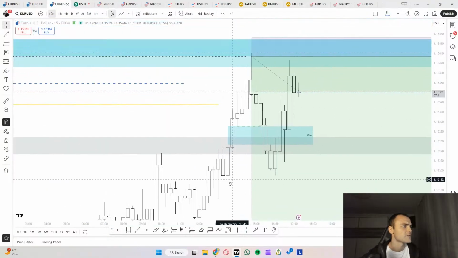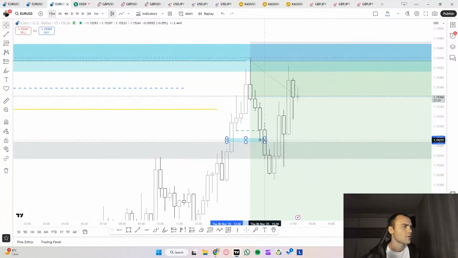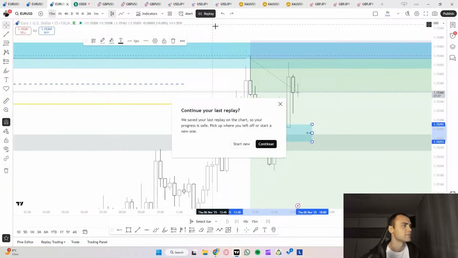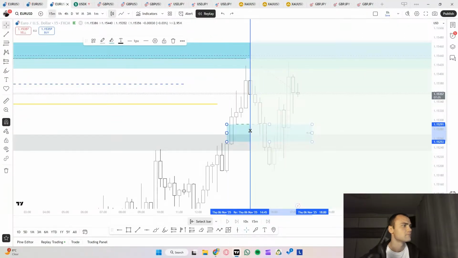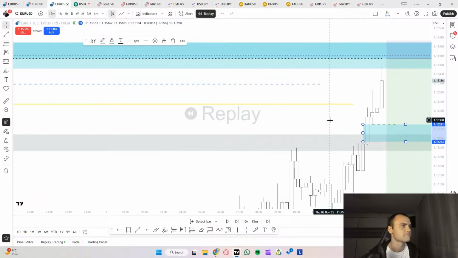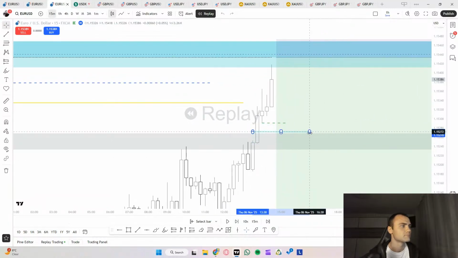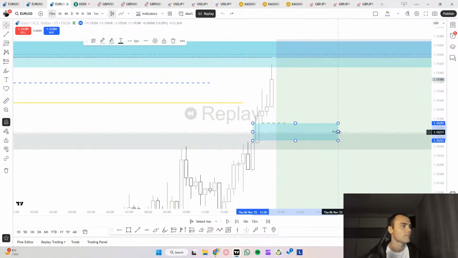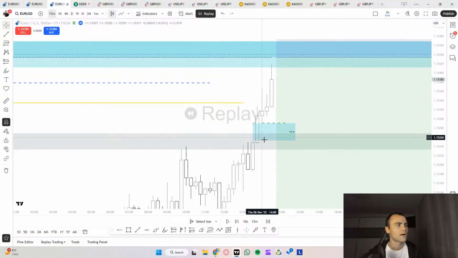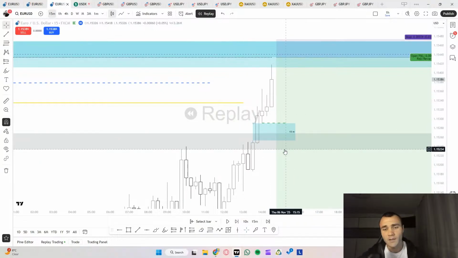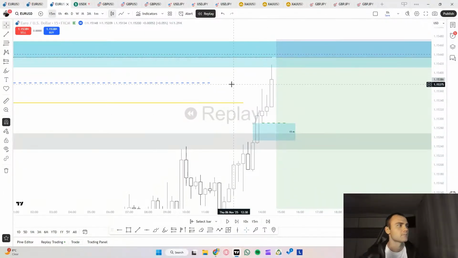First, we had this. Let's make it like this. First, I have seen this imbalance here, right, as a potential target. Like if I enter here, target this one.